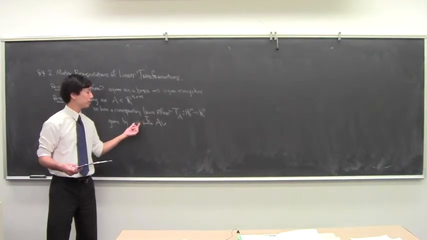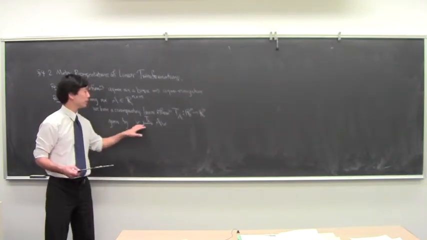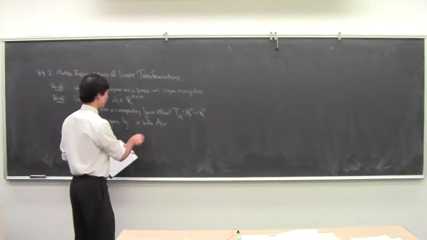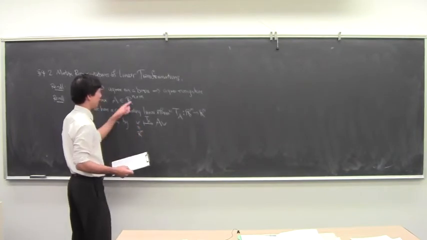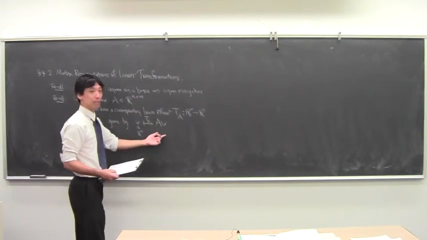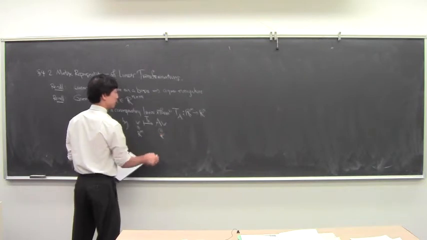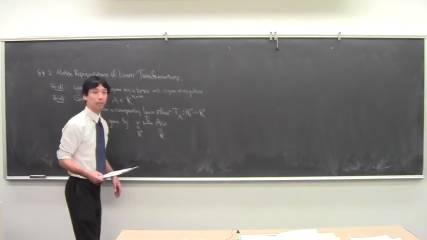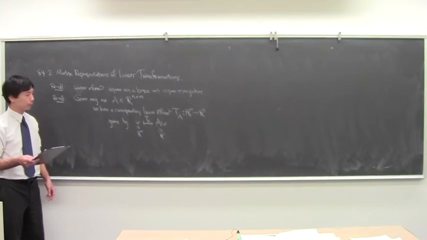You give it a vector, and it multiplies it on the left by this matrix. As you see, v is in Rm, and you have an n by m matrix, and that takes something in Rm and gives you something in Rn. So that gives you a linear transformation from Rm into Rn.